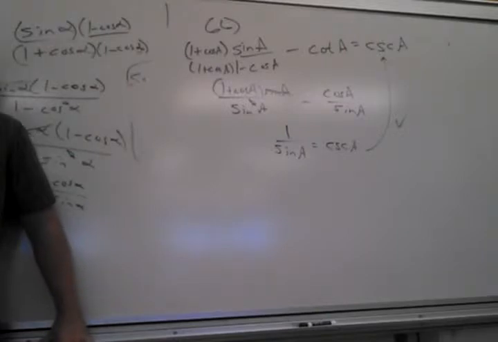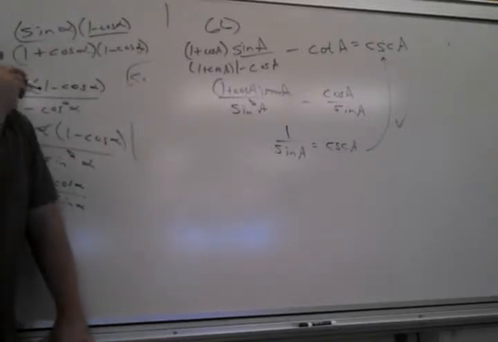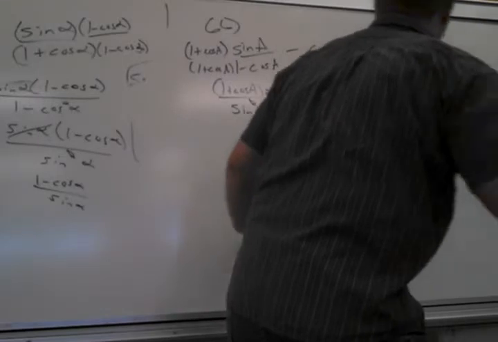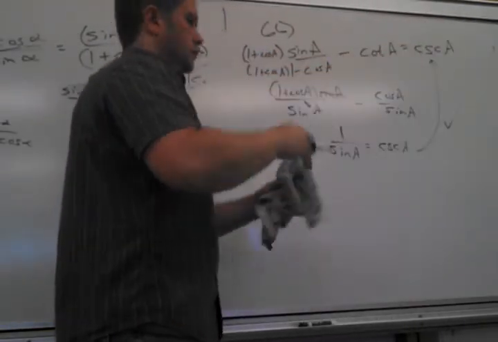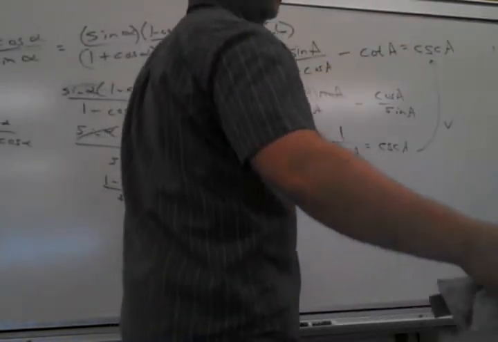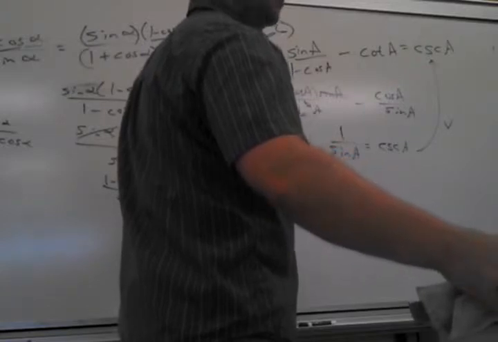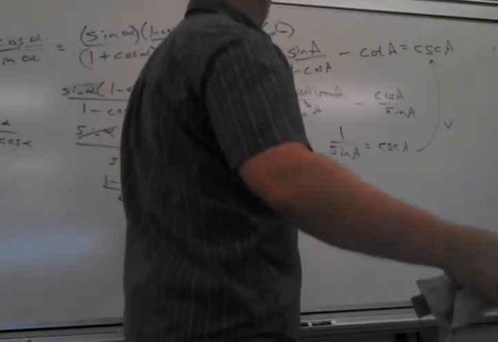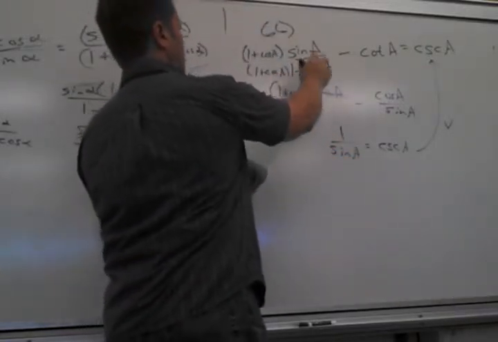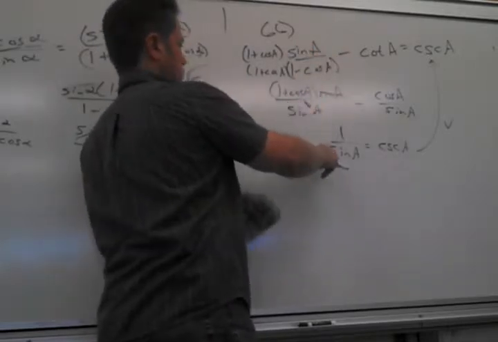I don't know if I want to show you my way. Yeah? Okay. How'd you do it, Chris? Well, I'm just trying to see how that works out right there, from the jump from the 1 plus cosine. So this bottom becomes... Farther down. Next step.